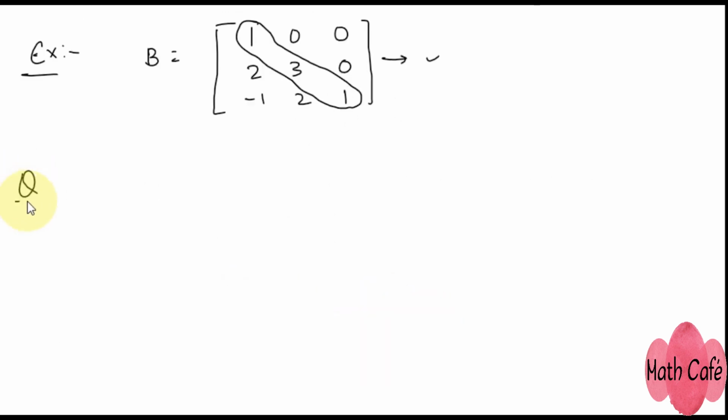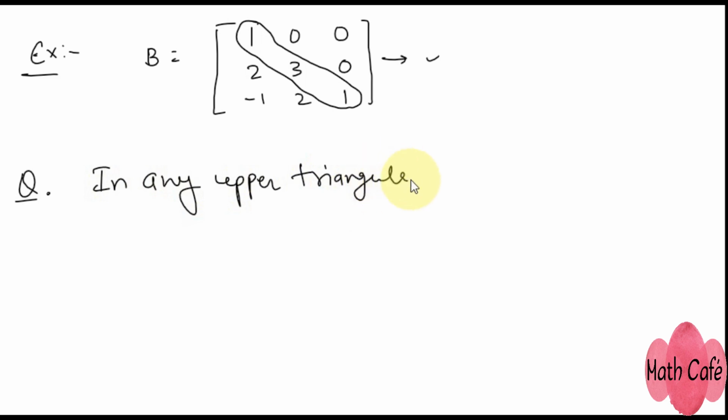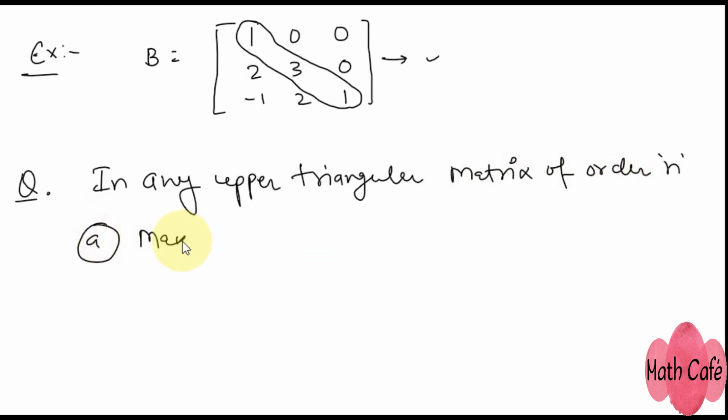Okay, let's take an example here. In any upper triangular matrix of order n, we need to obtain the maximum number of zeros.